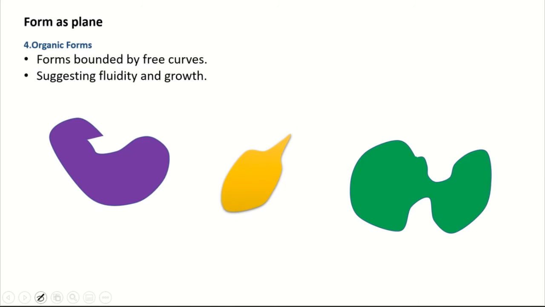If we observe these forms, these are some sort of free curves representing the area, and they represent some sort of growth. Suppose leaves, stones, these come under the organic form category.